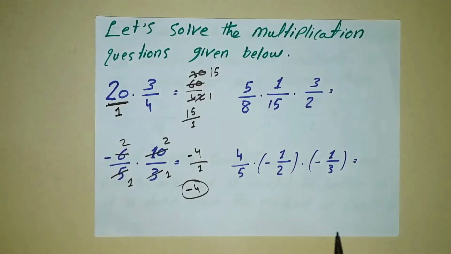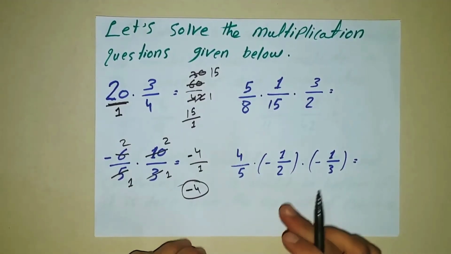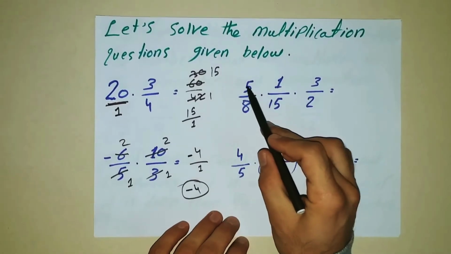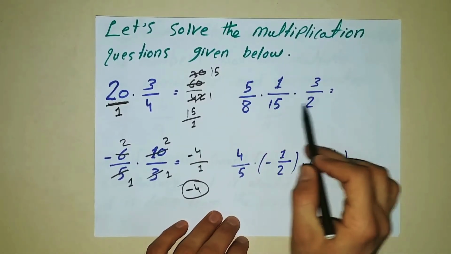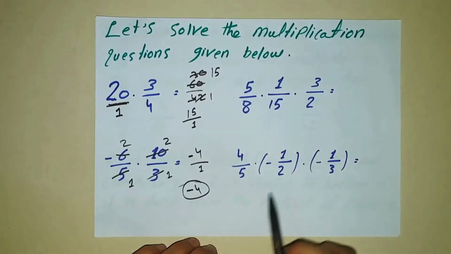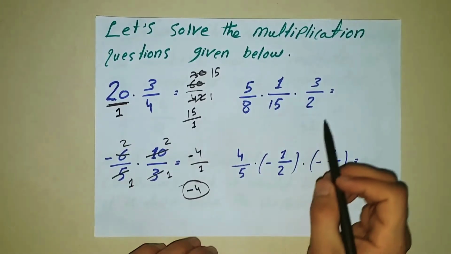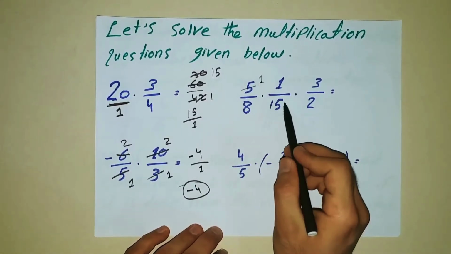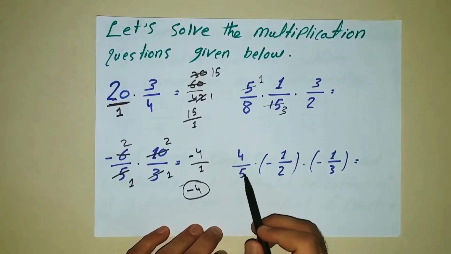Let's come to this question. It is 3 fractions. How will we multiply 3 fractions? It will also be the same, we will multiply these three numerators and these three denominators. Before multiplication I will look if they can be simplified. Yes, they can be simplified. Like 5 1s are 5, 5 3s are 15.